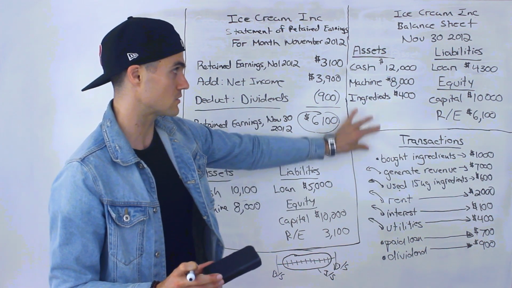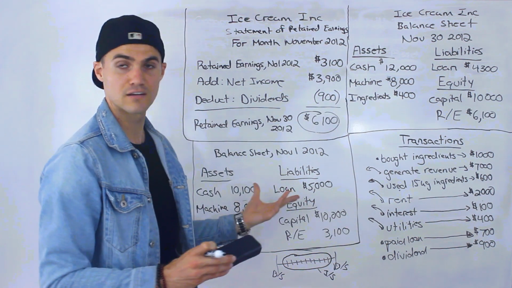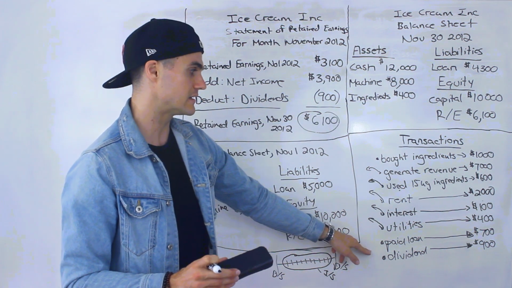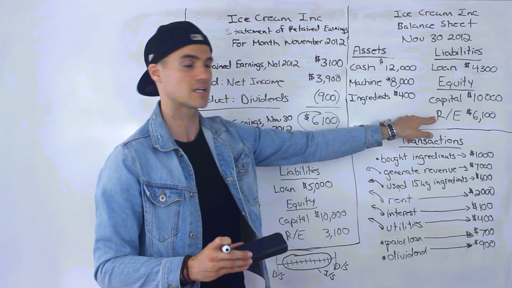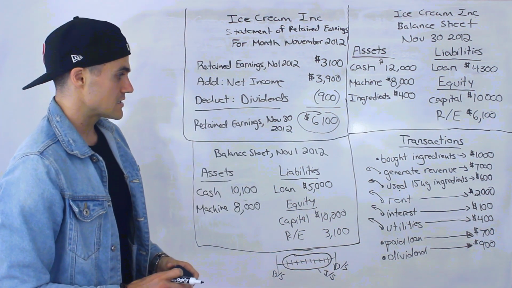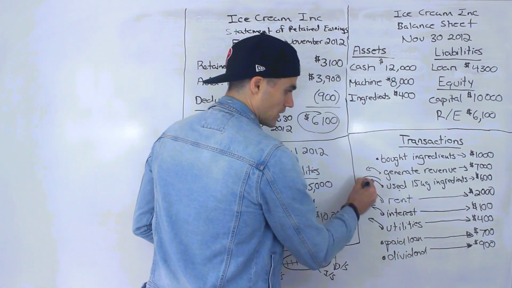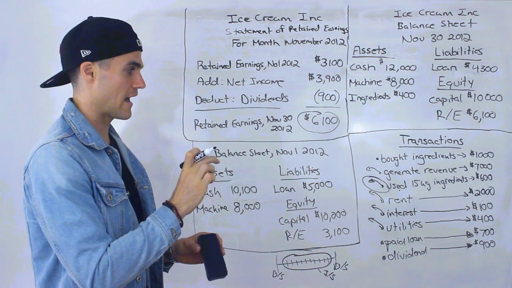We capitalized those, so only the balance sheet was affected. When we paid down the loan, that didn't affect the income statement, only the balance sheet. And then when we paid that dividend, that only affected the balance sheet, the cash account, and then that retained earnings account.